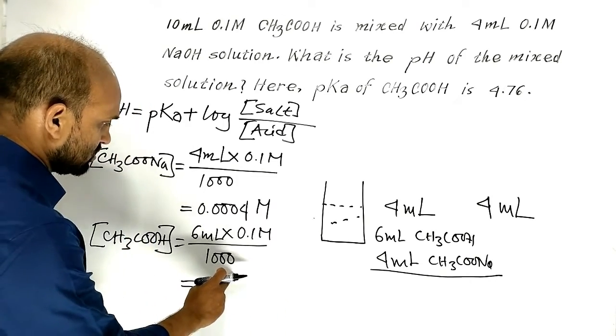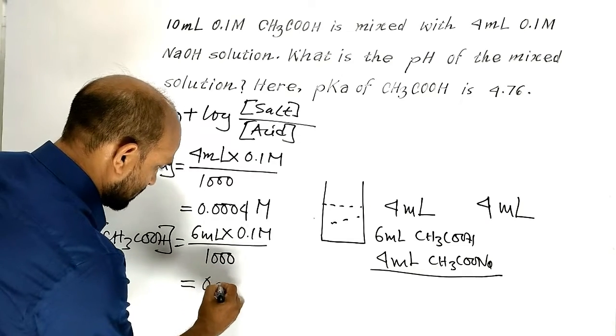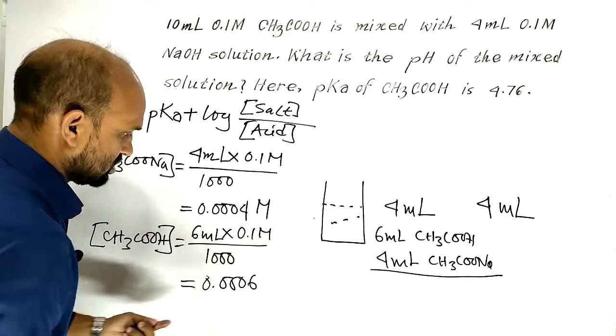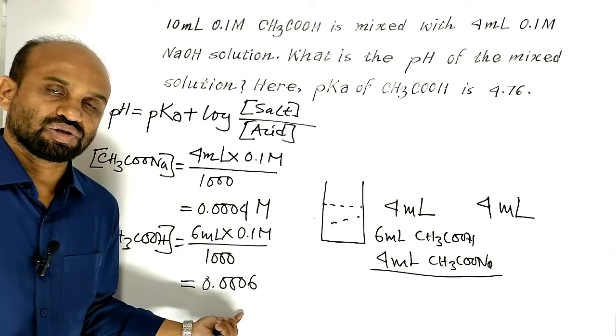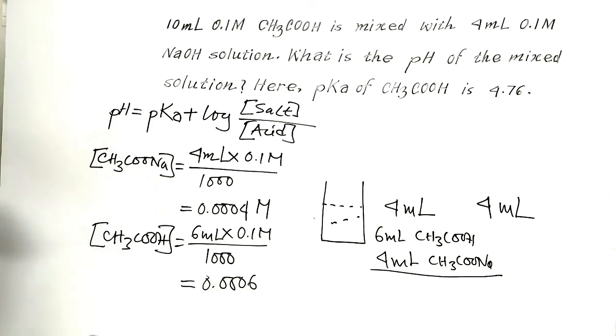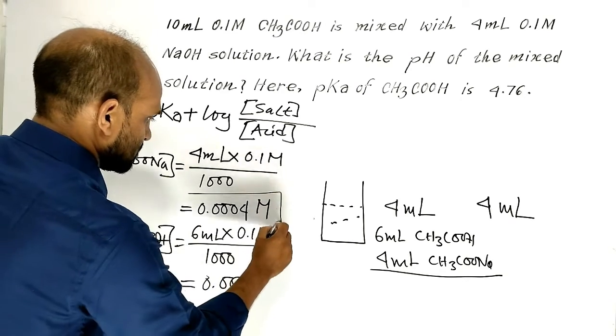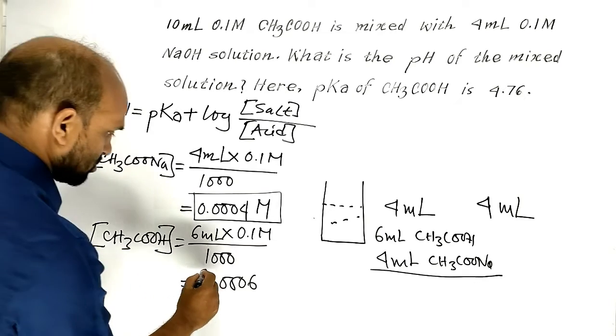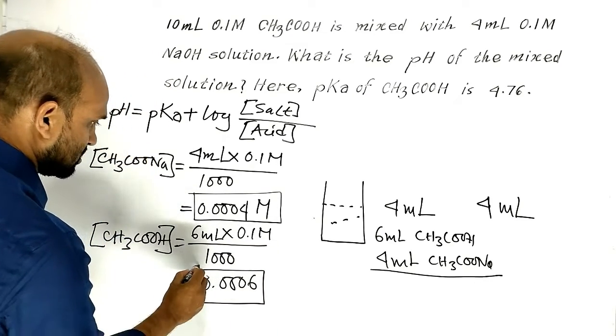This is equal to 0.0006. This is obtained with scientific calculator. That is, this is concentration of salt and this is concentration of acid.